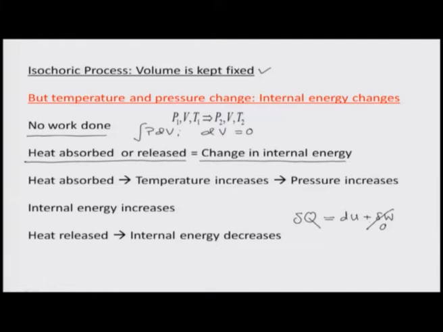So you see, internal energy dictates whether delta Q is positive or negative. If heat is absorbed, that means an increase in temperature. As soon as you know there is an increase in temperature, it always implies pressure also increases, because we know P is proportional to T if V is constant.